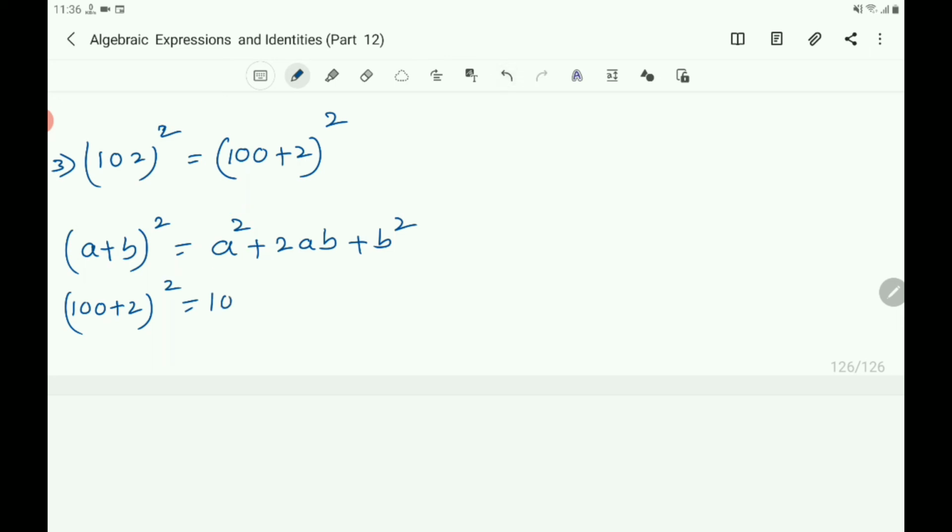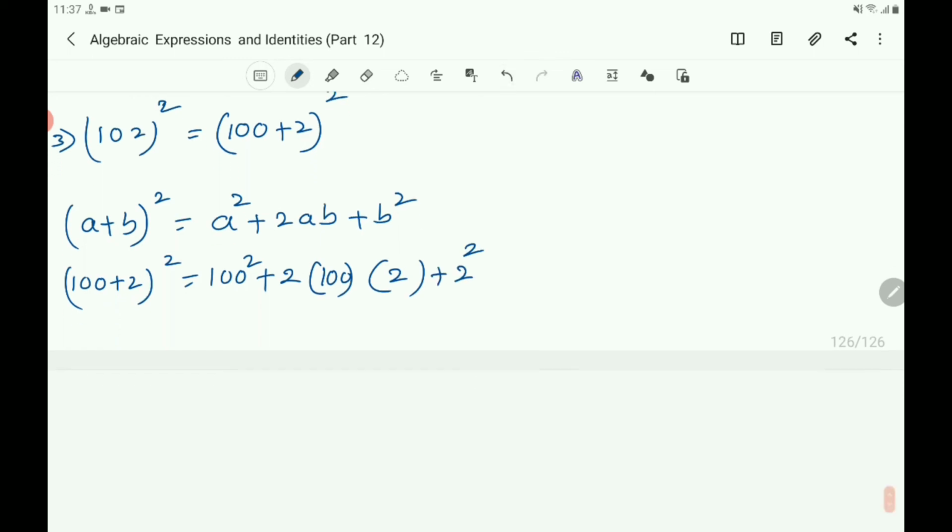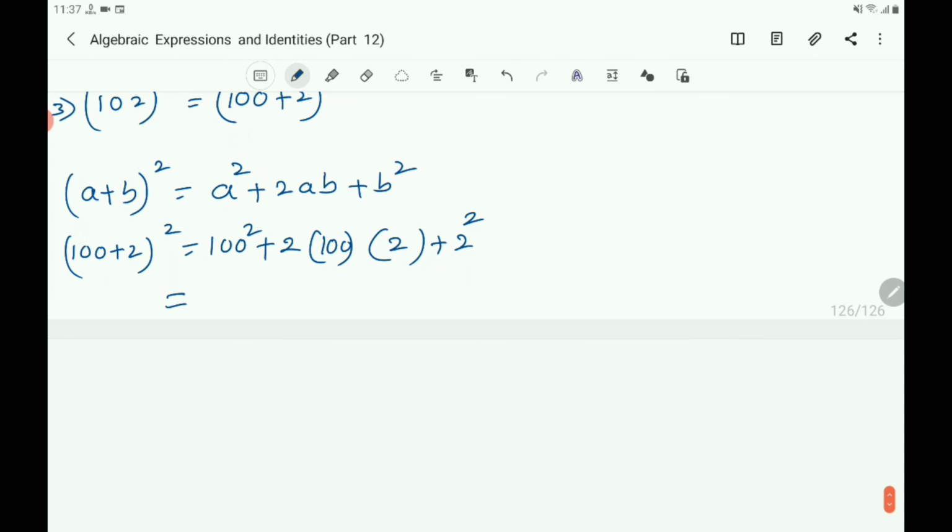In the place of a there is 100, so it is 100 square plus 2 into first term into second term, that is 100 into 2, plus 2 square, that equals 100 square, which is 100 into 100.